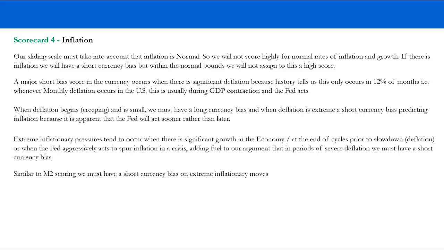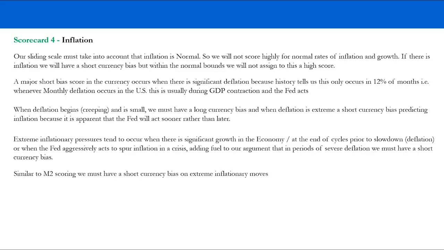The extreme inflationary pressures, so now on the positive side of the scale, tend to occur when there's significant growth in the economy, or at the end of cycles prior to slowdown, or when the Fed aggressively acts to spur inflation in a crisis.